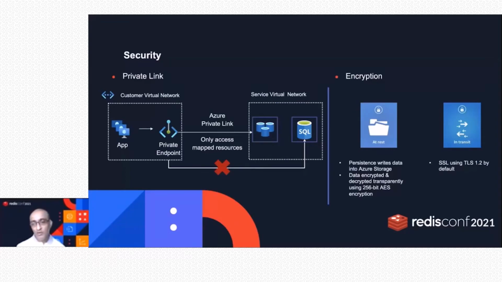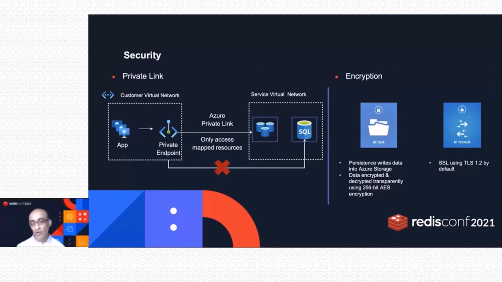From an encryption point of view, there are a couple of things that I want to talk about today. One is encryption at rest, and the second one is encryption in transit. With the Redis persistence, one of the things that Redis persistence delivers is it writes the data into Azure storage. It writes into an account that you own and manage.